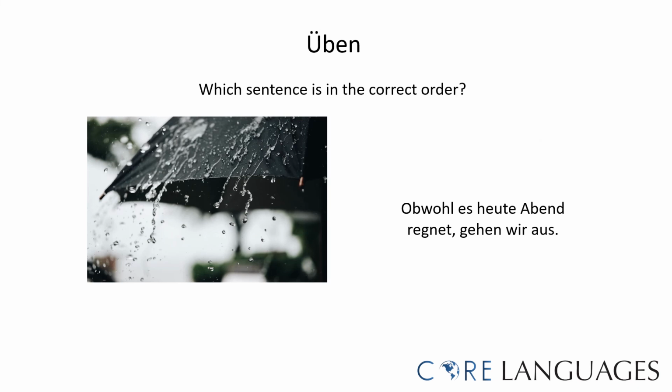In this example, we started with a subordinate clause. The subordinate clause begins with a subordinating conjunction which pushes the verb regnet to the end of the clause. And because we started with a subordinate clause, we need to change the word order in the main clause. And the subject wir is now behind the verb gehen.